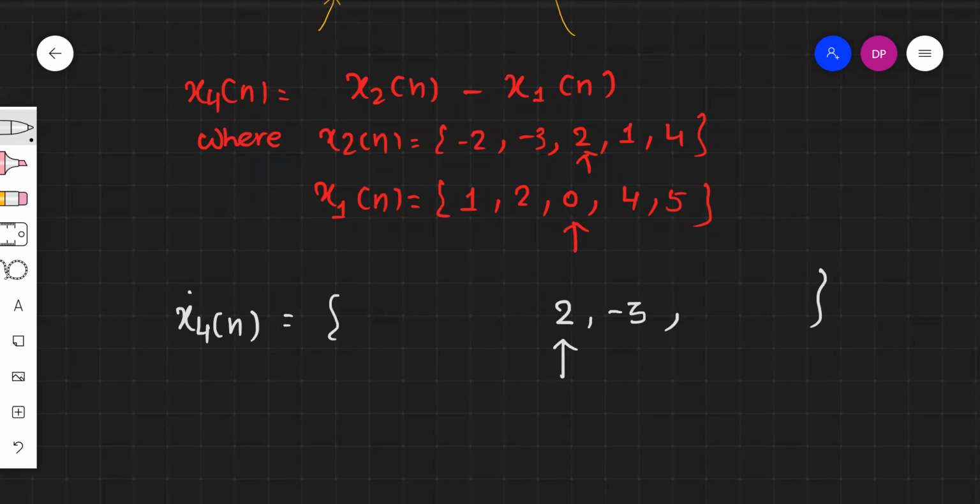And this is 4 minus 5, that is minus 1. On the minus 1 index, it is minus 3 minus 2, which is equal to minus 5. And here this is minus 2 minus 1, which is equal to minus 3. So this is the sequence x4 of n, which happens to be the subtraction of x1 of n from x2 of n, and it is represented in this way.